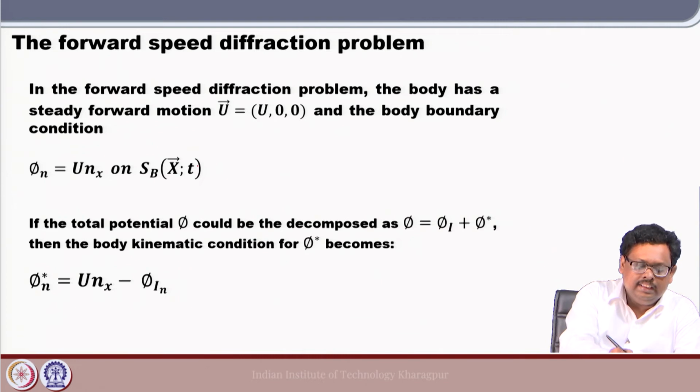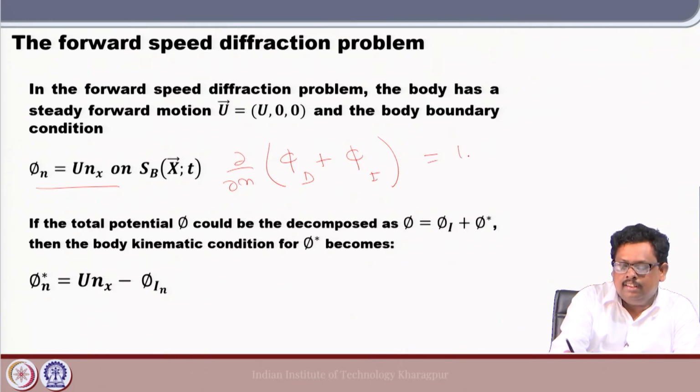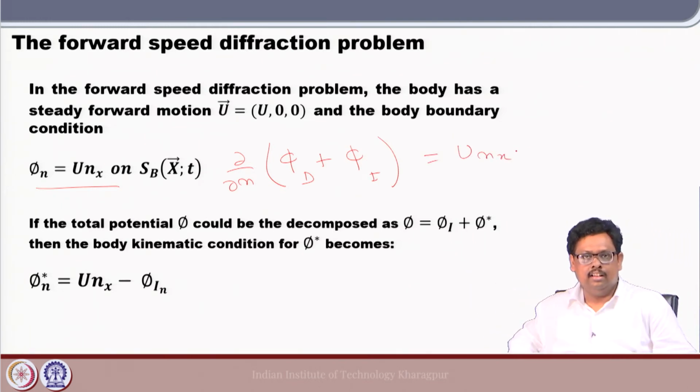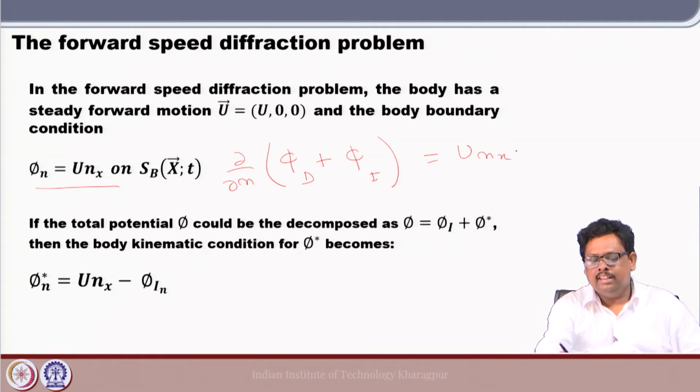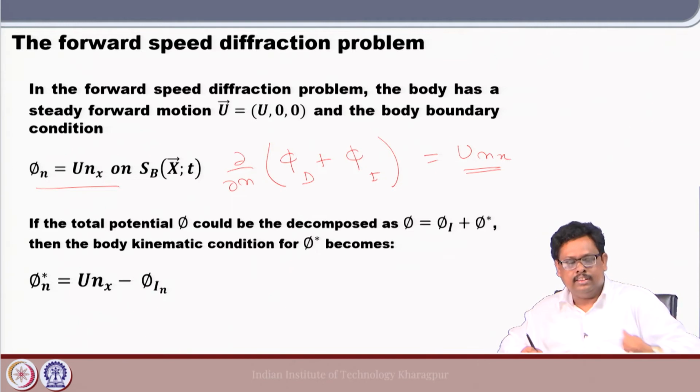Now here, instead of phi n, if I take this with respect to the scattered potential, phi n equal to phi d plus phi I, and is equal to u n x, because it is moving steadily forward, it is not oscillating, the right hand side is the body moving steadily at forward speed.